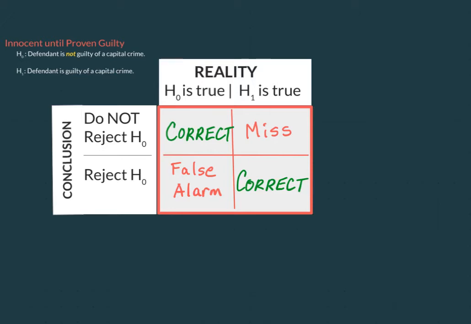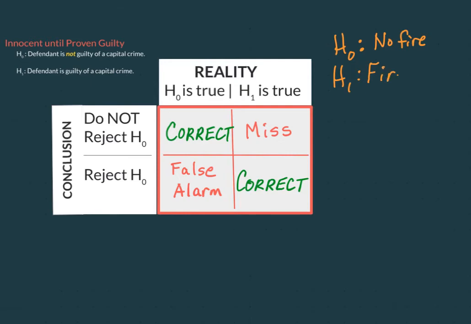All right, let's look at a different situation with this. Let's consider a null hypothesis of, I have a smoke detector, and my null hypothesis is that there is no fire. My alternative hypothesis is there's a fire.